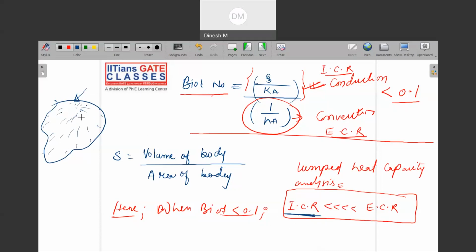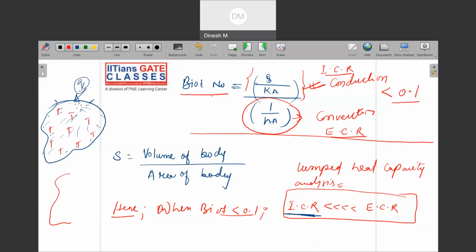So if your conduction resistance is very low, whenever some heat is coming at this point in this body, then it gets uniformly distributed, and in that distribution, what do I find is that everywhere, wherever I go, my temperature is the same.